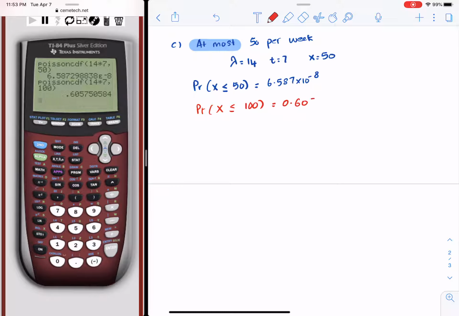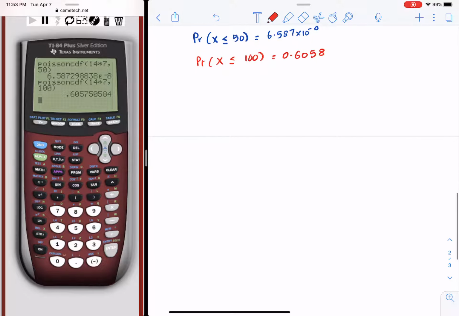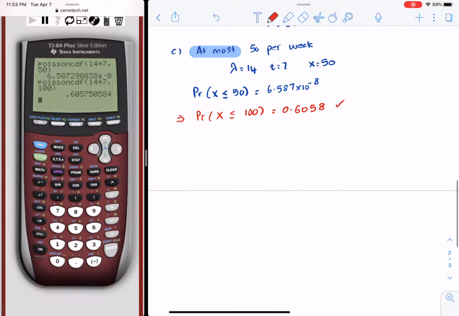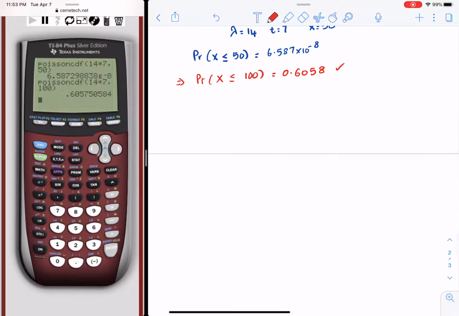And that happens to be 60.58%. So this makes perfect sense. Again, the reason for that is we expect to have 14 patients per day, which would simply give us a guess.